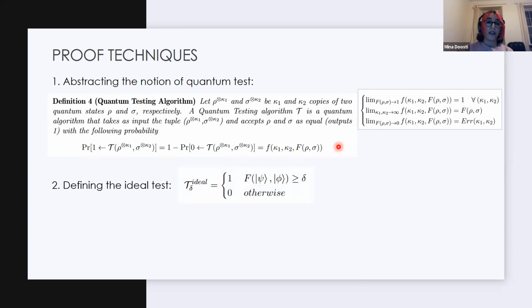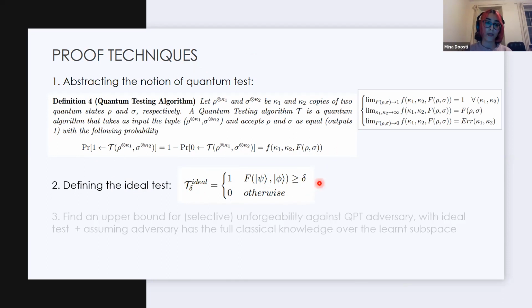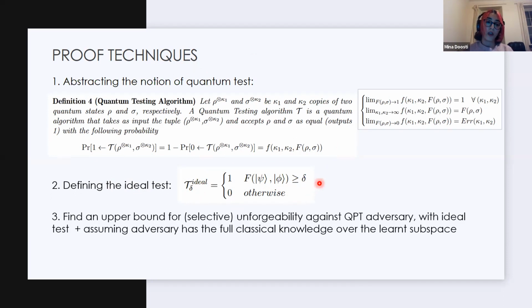Then we define the notion of an ideal test, which is: if the fidelity between the quantum states is more than some threshold, it will always give you the answer yes, they are equal. And then we try to find an upper bound for the selective success probability of a QPT adversary, and we do that with the ideal test.